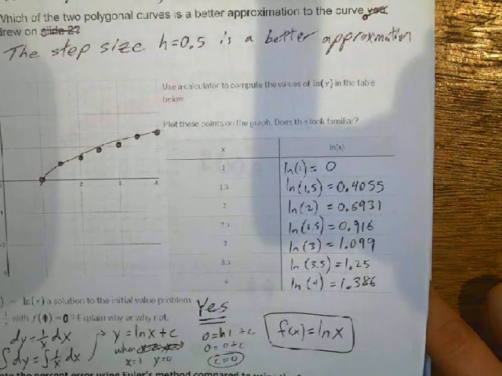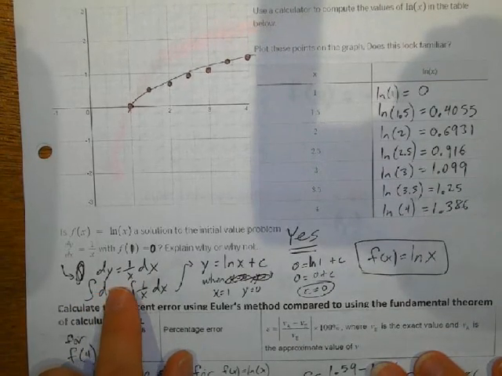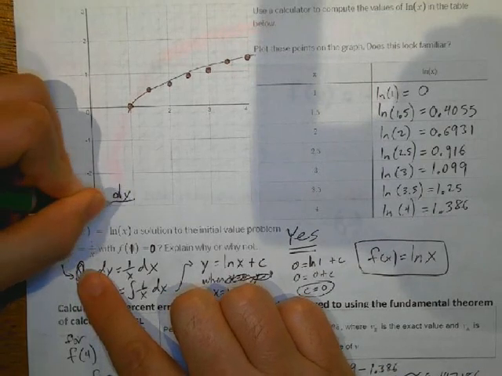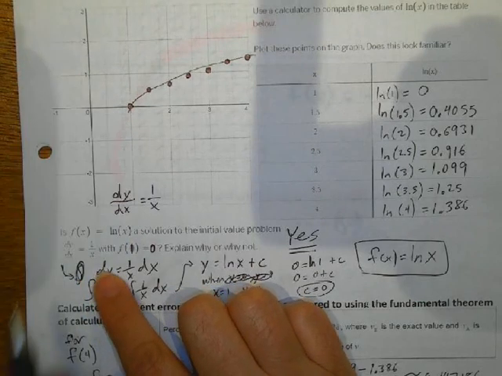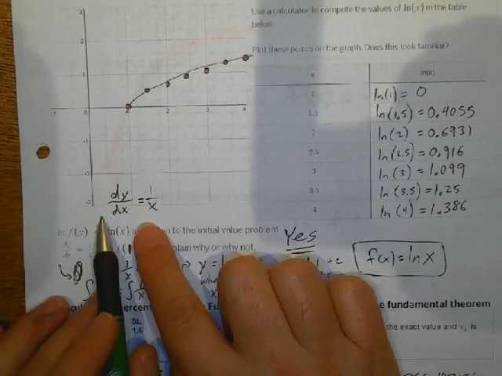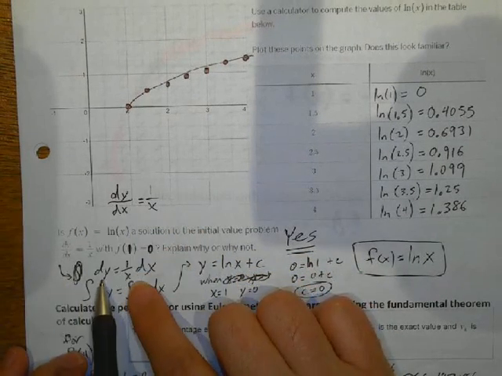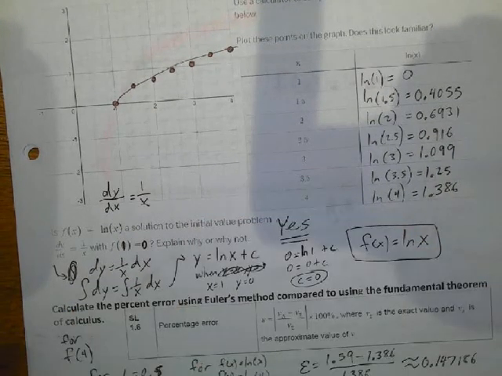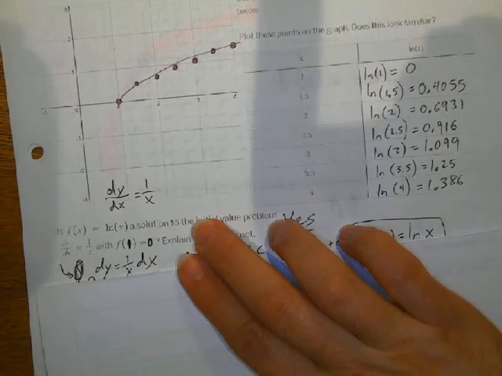From an earlier chapter, we know that if I have dy/dx equals 1 over x, I can multiply both sides by dx, and I would get this, right?